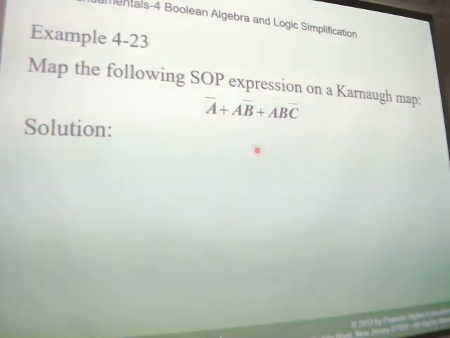For example, map the following SOP expression on the Karnaugh map: A bar plus AB bar. There are three variables in the domain, so we must convert A bar and AB bar to three-literal product terms.